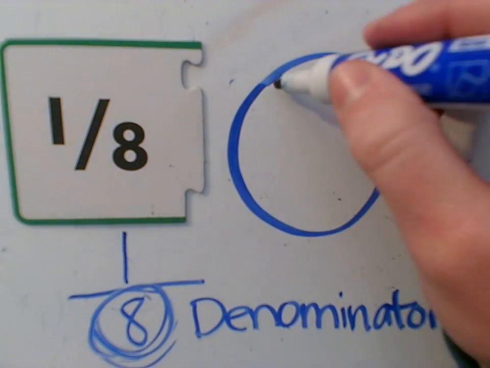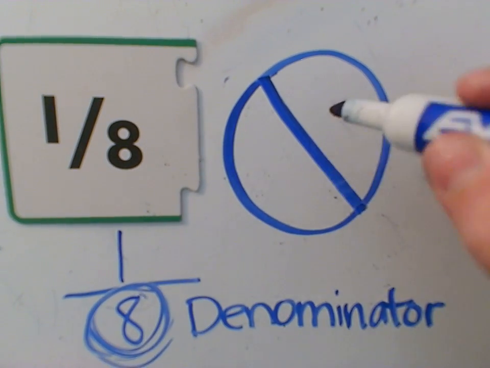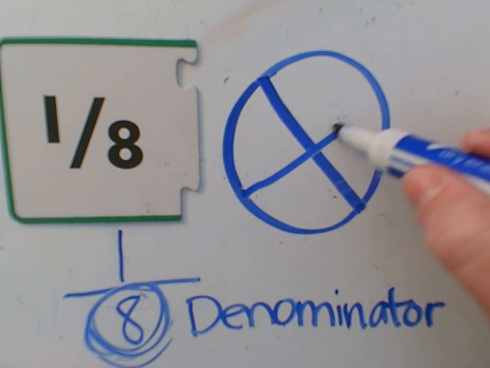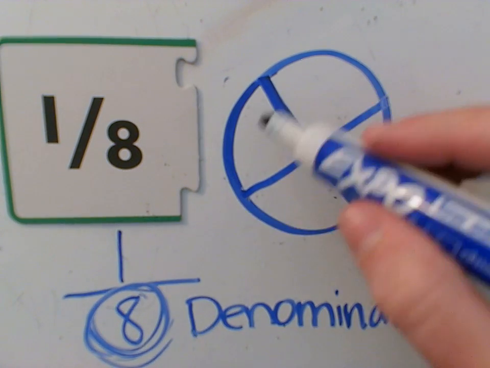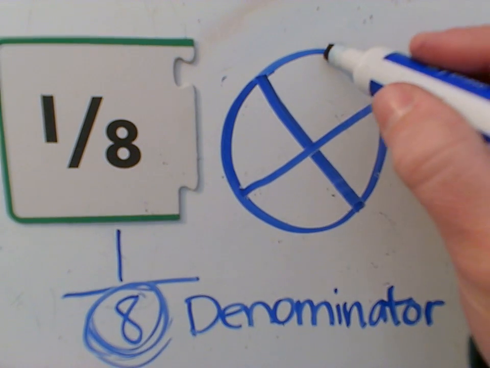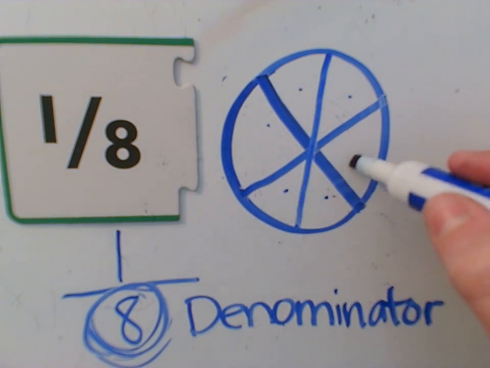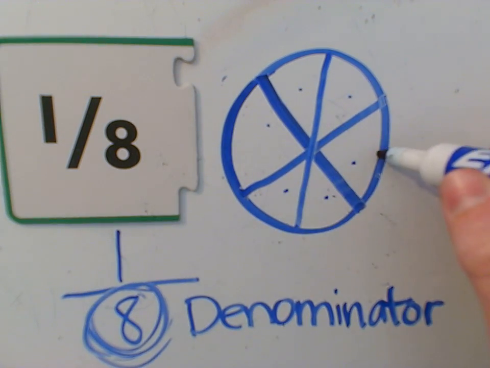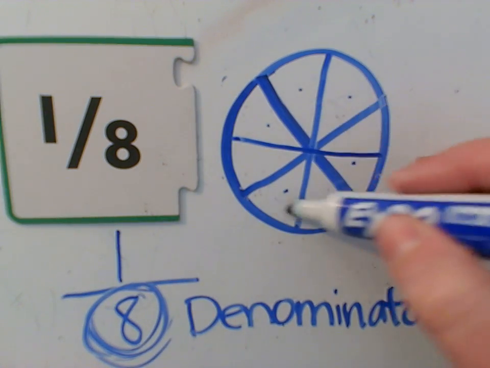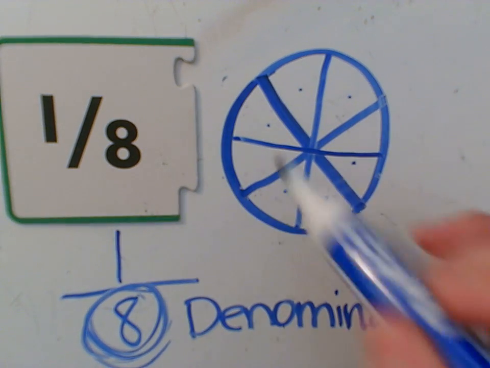So I'm just going to try my best. Okay, I have 2 equal parts. Count with me. Oh, now I have 4 equal parts. Here are 6 equal parts. And finally, we have 8 equal parts. Okay, awesome. So now we have 8 equal parts.